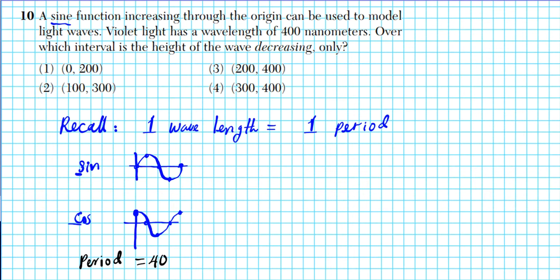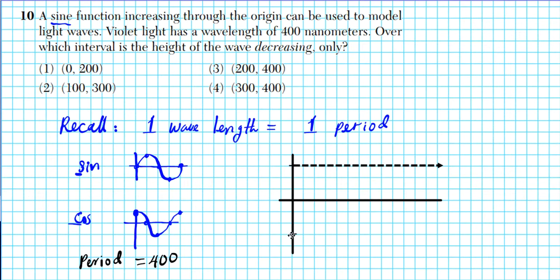All right, so let's go ahead and sketch that real quick. So this is just our sine wave right here. The amplitude is not indicated, so let's just say that's the maximum and that's the minimum, and it's going to be oscillating between the max and the min.